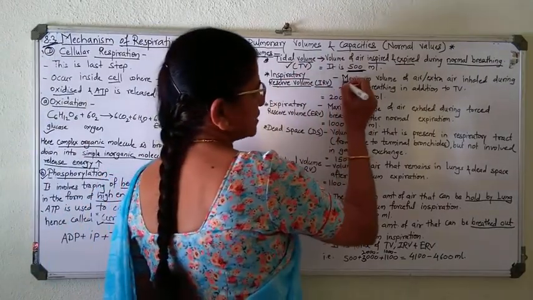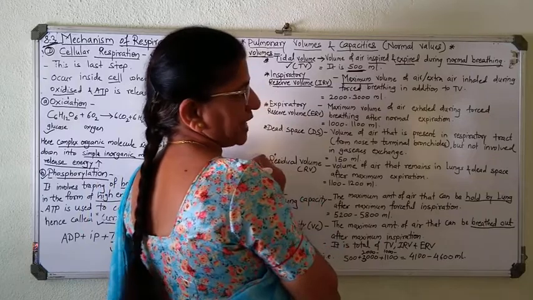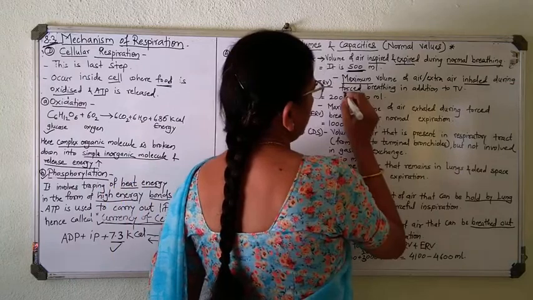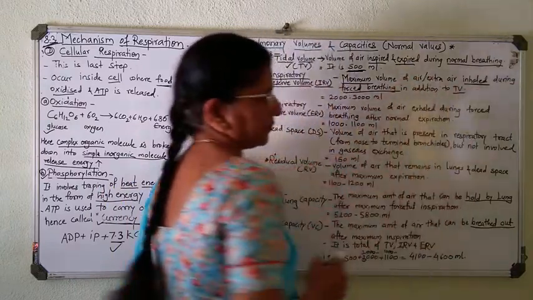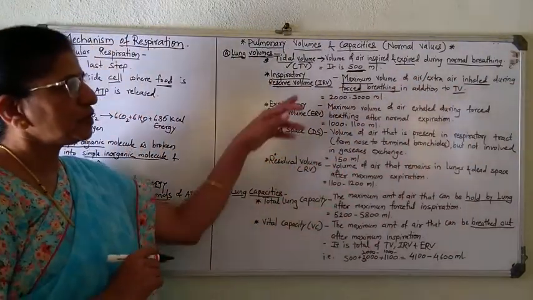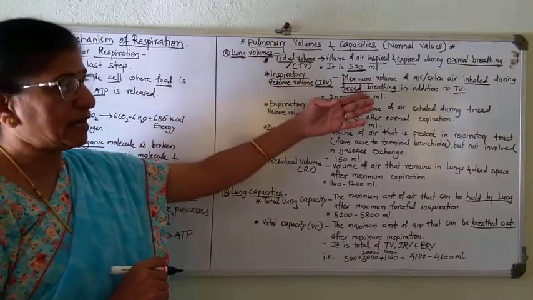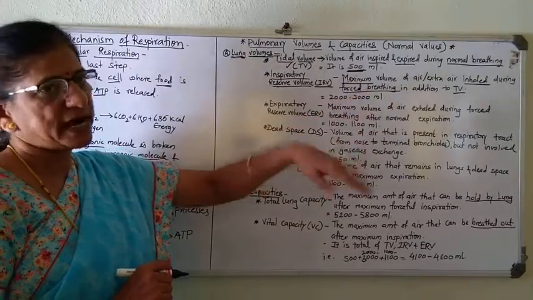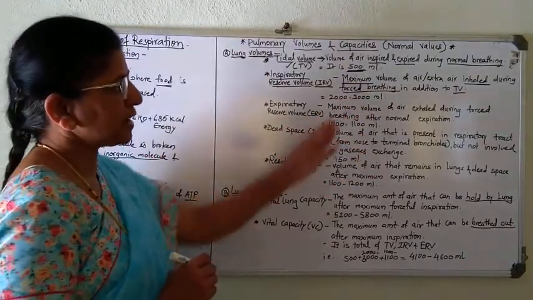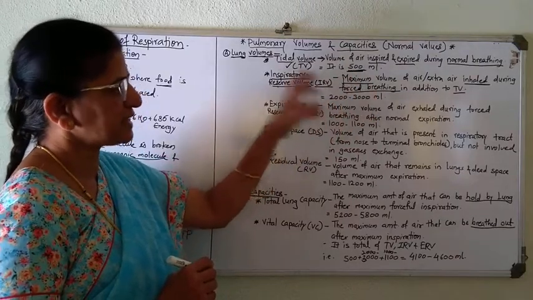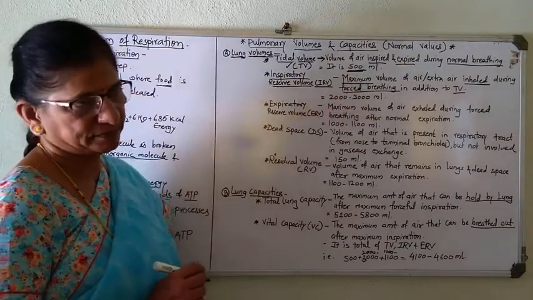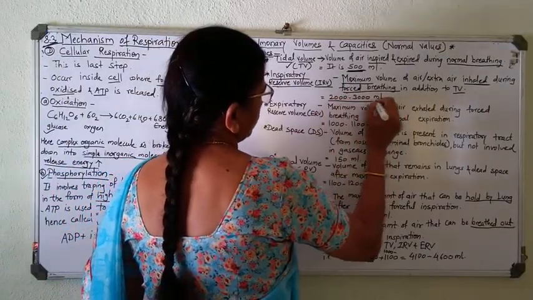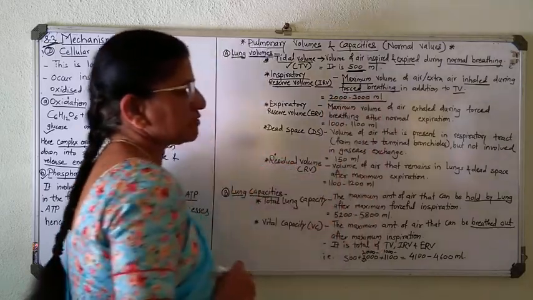So remember, it is the maximum air inhaled during forced breathing in addition to TV. That means if you subtract TV 500, exactly IRV is 1500. Right? So the normal volume is about 2000 to 3000 ml.